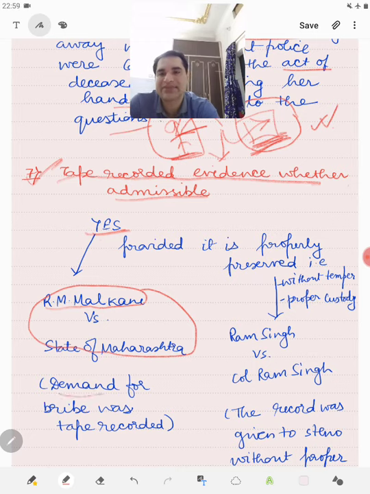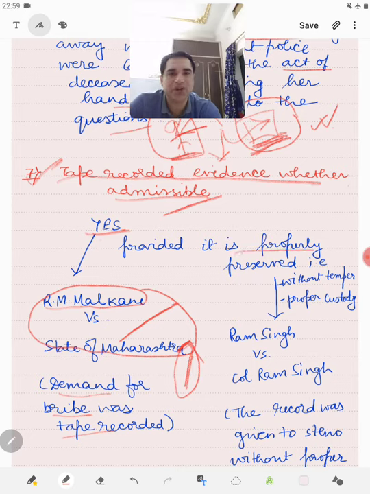It was also a case where a demand for bribe was made by a government official and a trap witness was fixed, and whatever conversation took place regarding the demand of the bribe was tape recorded, and based on it prosecution was started, and the tape recorded evidence was allowed to be admissible as evidence by the court.